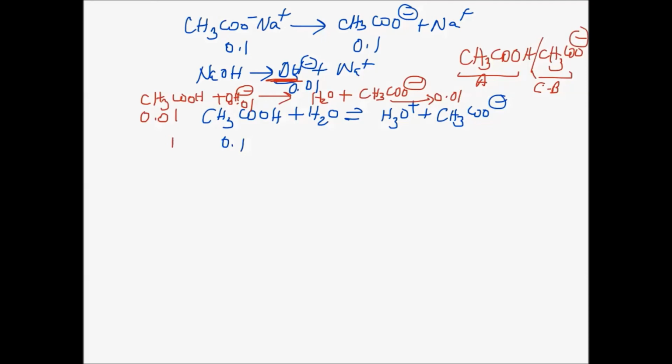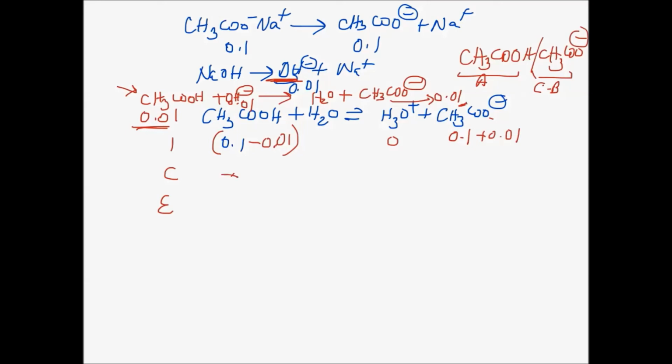That means if you set up your ICE table, you began with a 0.1 molar solution of acetic acid, but part of it has reacted, so you must subtract that from your initial concentration. Hydronium, of course, is still 0. Acetate, you have 0.1 from sodium acetate, but you have also formed a bit from this reaction, so you must add that 0.01 to the acetate.